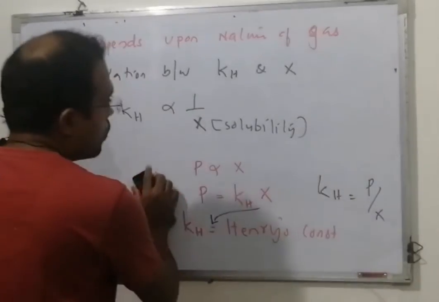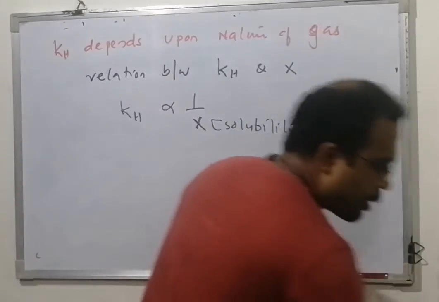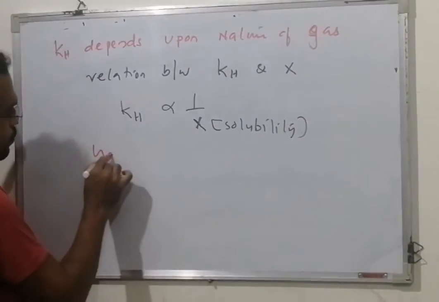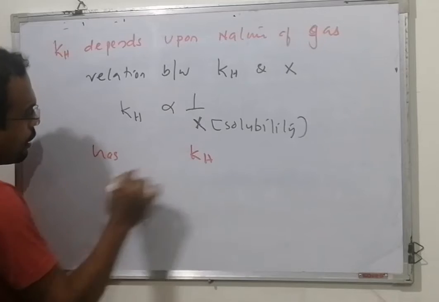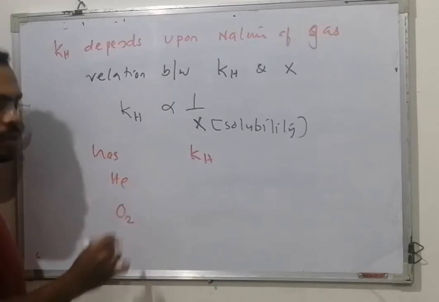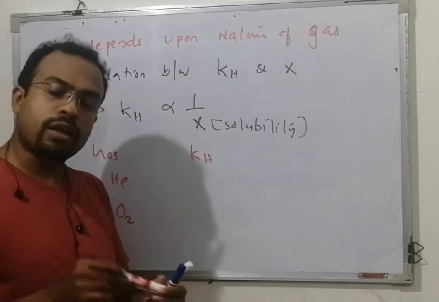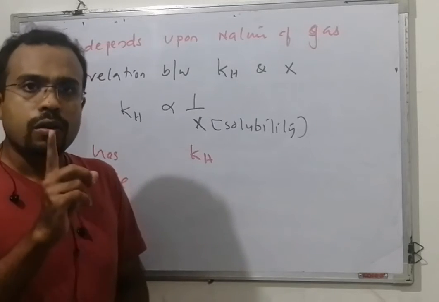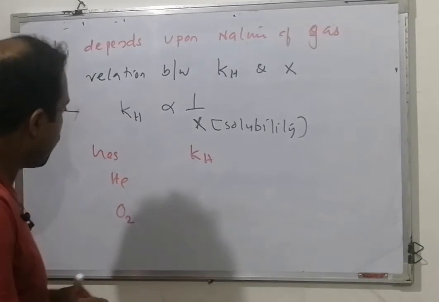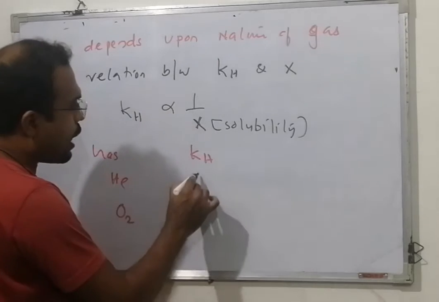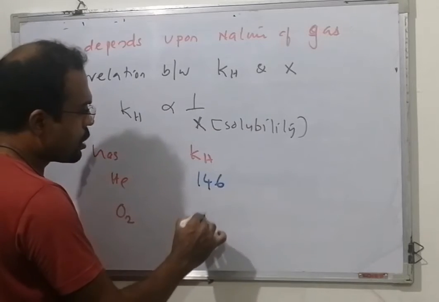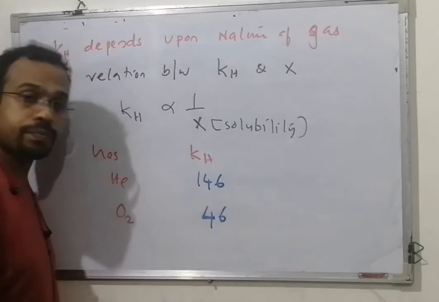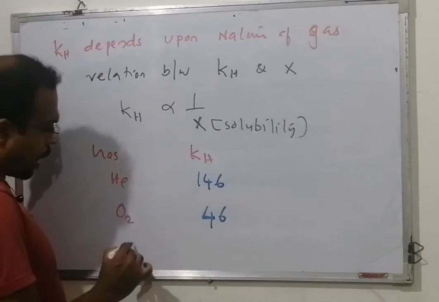I give you two gases, helium and oxygen. Which is more soluble in water, helium or oxygen? You know oxygen. Its KH is 46. Now you take ammonia.